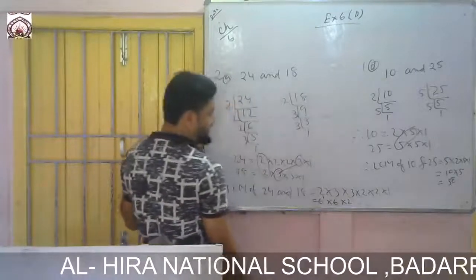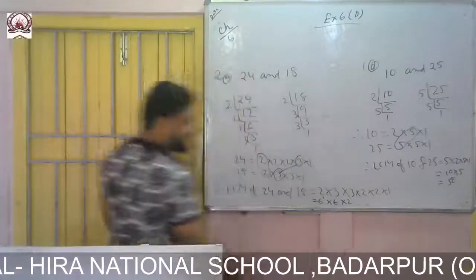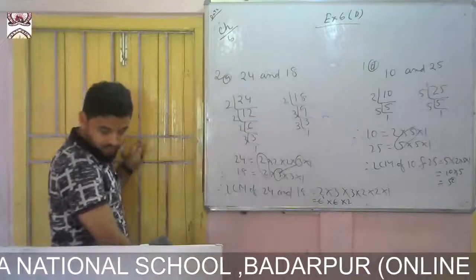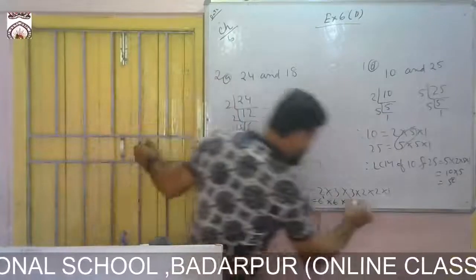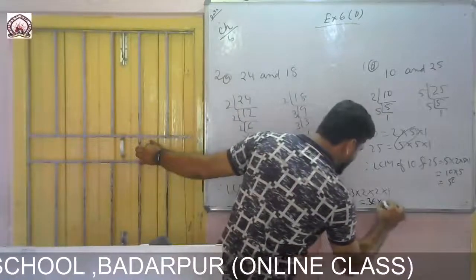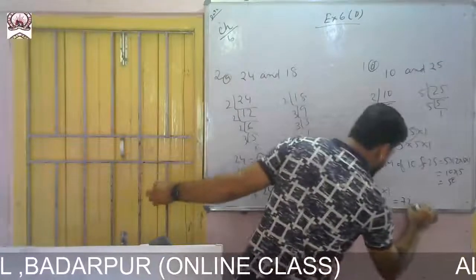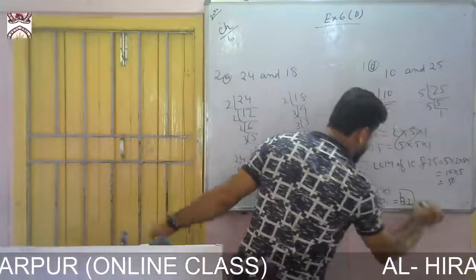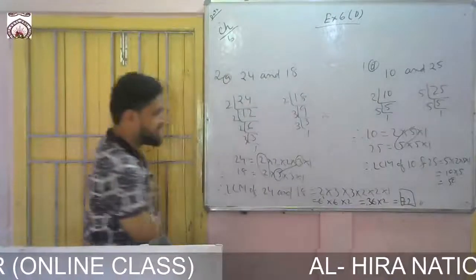So 6 6s are 36. 36 into 2 is 72. So this is the answer, 72.